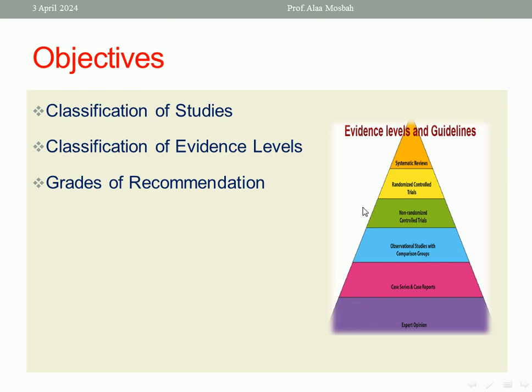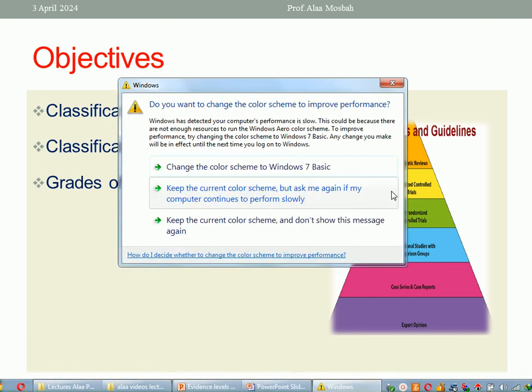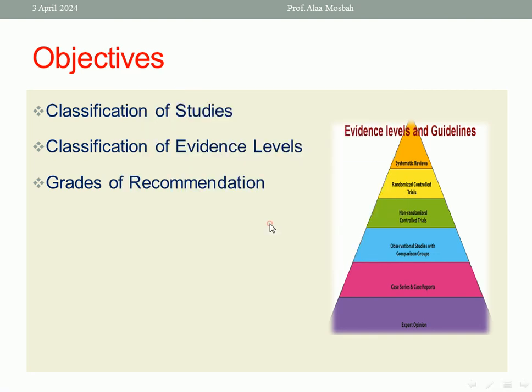As you see, on the top of the preferred clinical study designs is the meta-analysis and systematic review, and randomized controlled studies, double blind or triple blind, and so on.